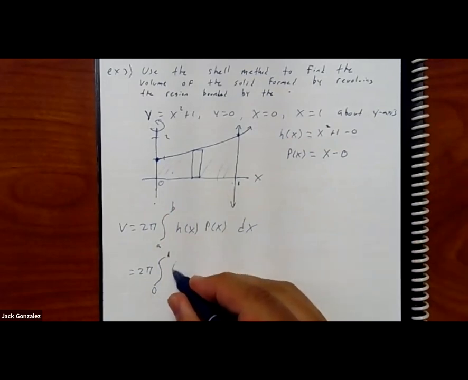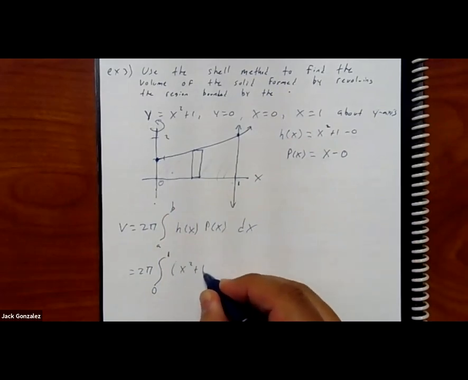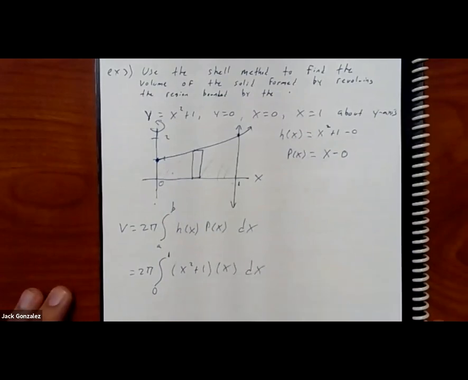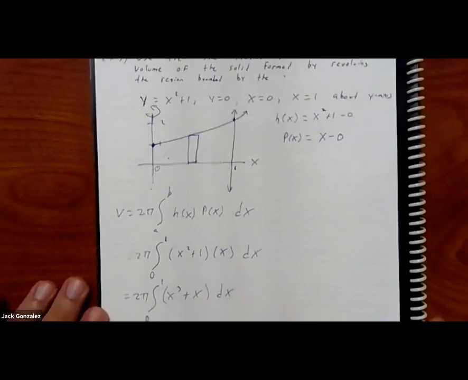So height times x times dx. So that would be pretty straightforward, right? That would be x cubed plus x from 0 to 1. Any questions on the setup?